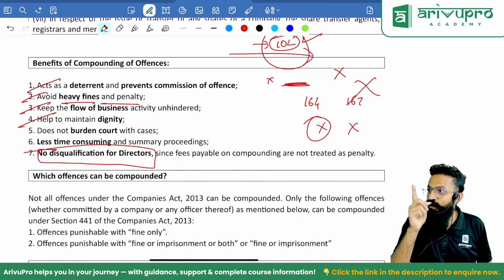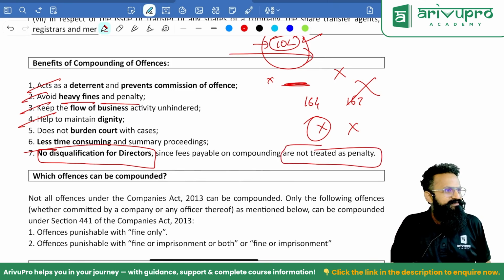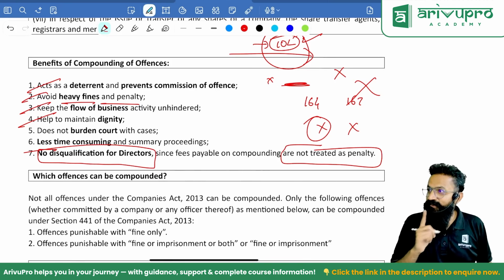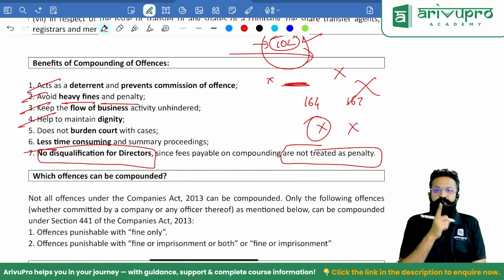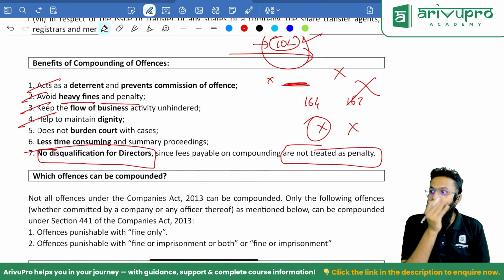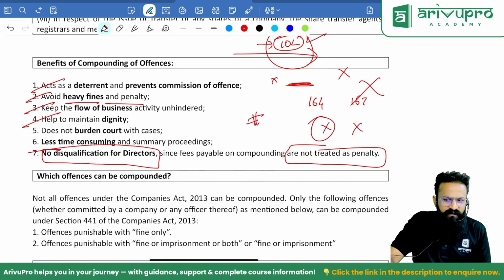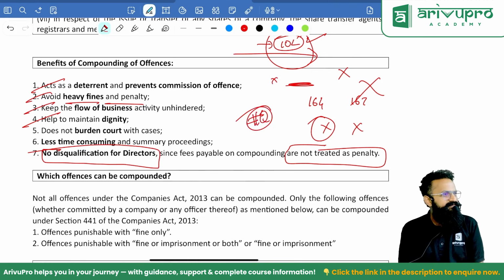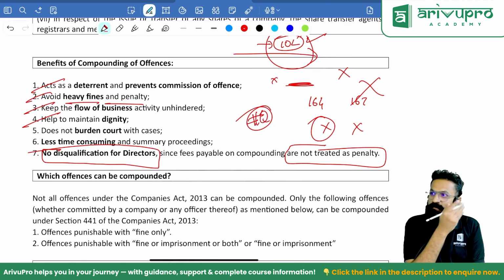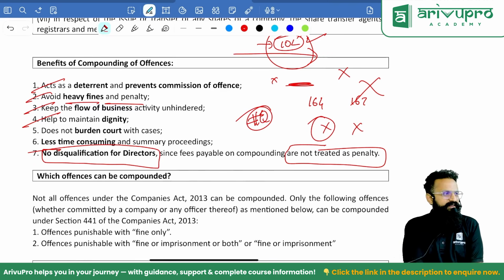There is a lot of difference. So wherever disqualification is tagged with penalty, if you are paying compounding fees, you will not be disqualified. That's the beauty. This is where your advisory comes into the picture. You can save a director from being disqualified. At least out of 100 companies, 10 companies will come here only. Are you getting the point?